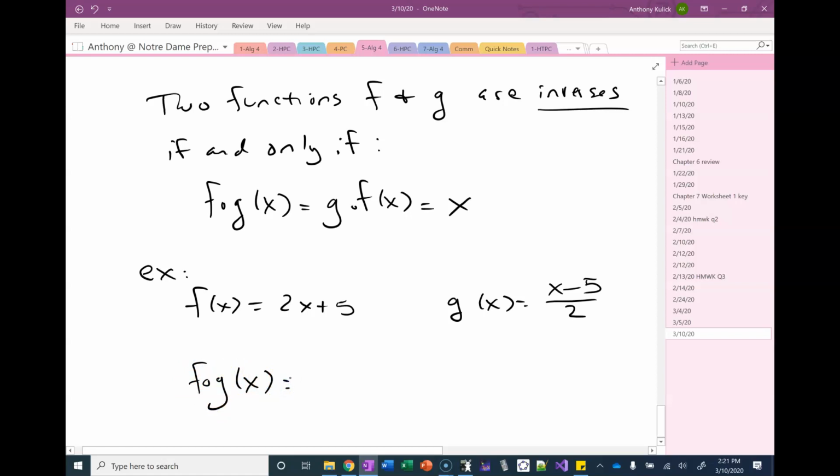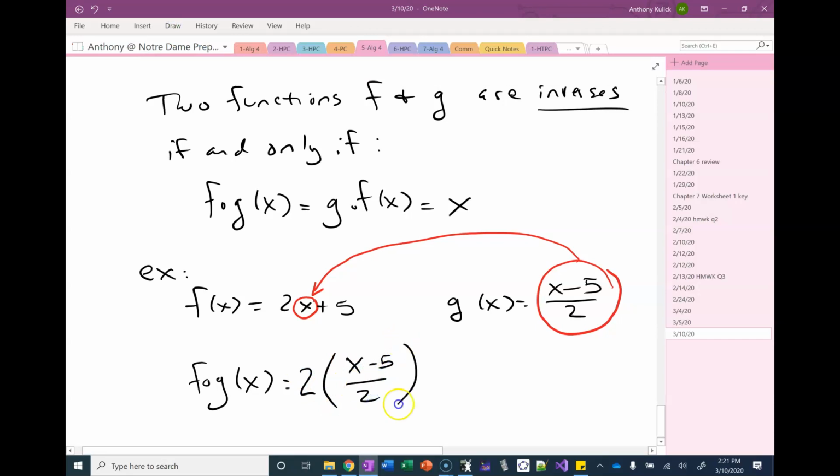I need to do f compose g. Does anybody remember how we do that? We're going to take the expression for g and plug it in for the x's in the expression for f. Everybody okay there?